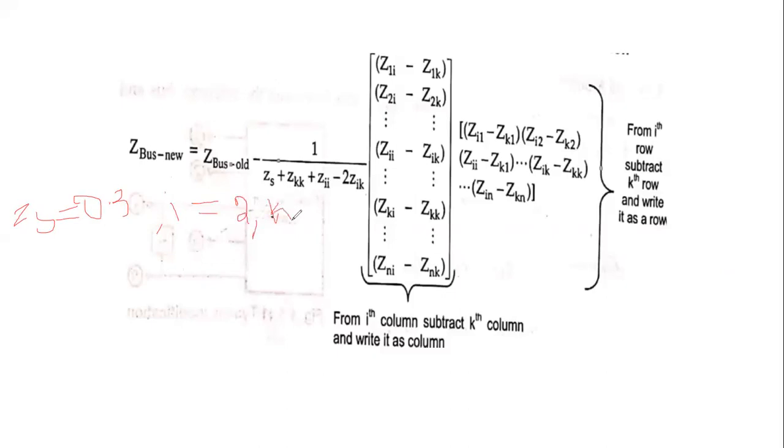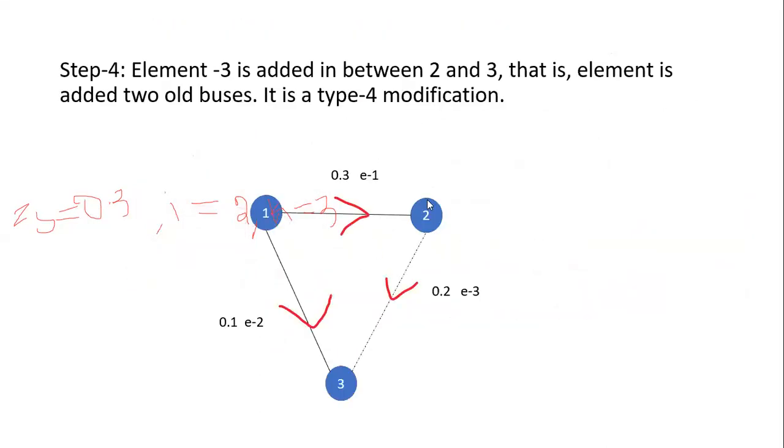Why? Because I equal to 2 and K equal to 3 means that the element ZS is added between bus 2 and bus 3. That's why we consider I equal to 2 and K equal to 3.